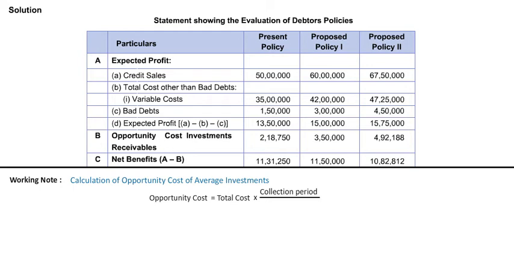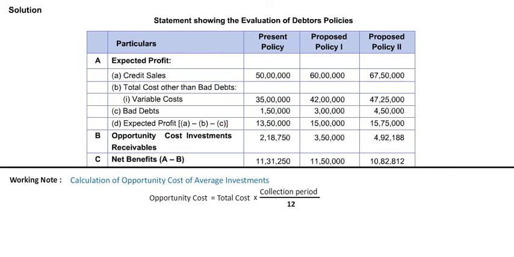So how do we come out with the collection period? We know the accounts receivable turnover ratio is given at 4 times. Accounts receivable turnover ratio is sales divided by debtors. Collection period will be equal to debtors divided by sales into 12 months.